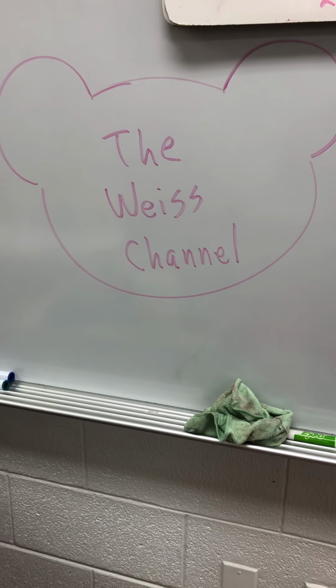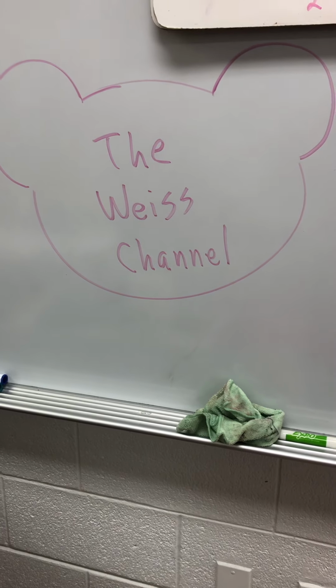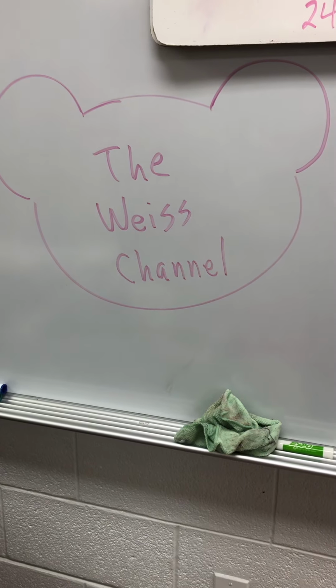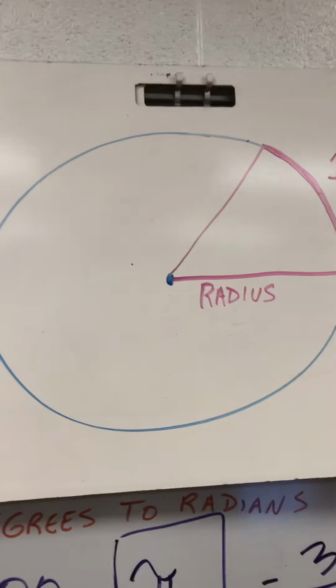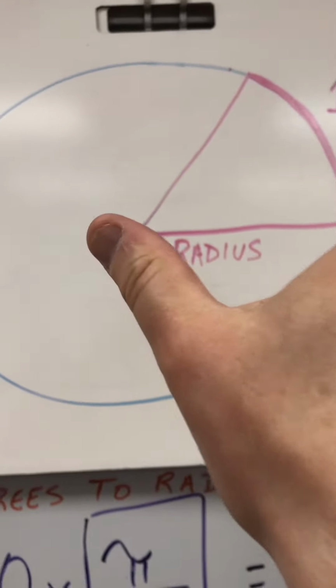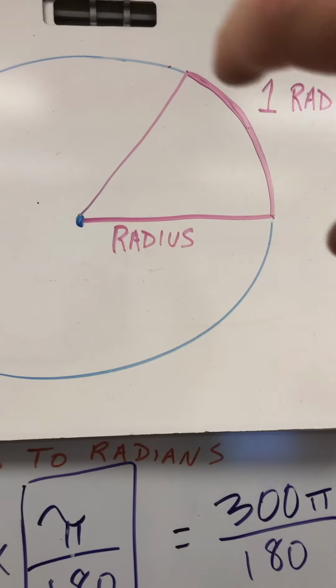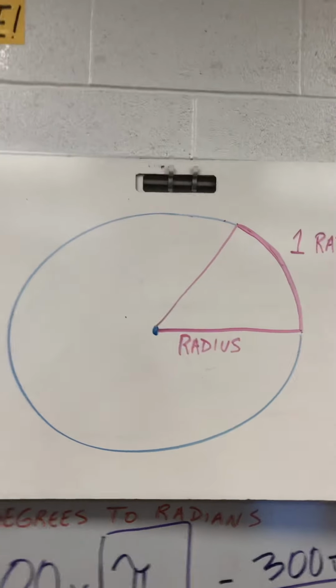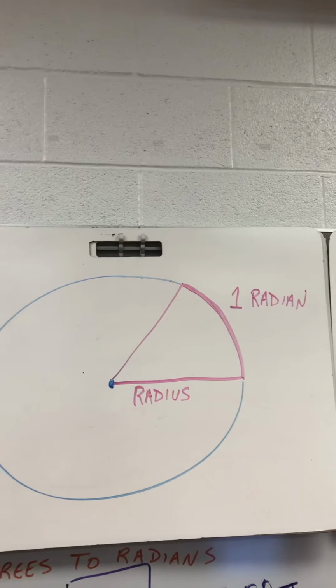All right, today I'm talking about radians and degrees. For example, if you take the radius of a circle, you lift it up, and you put it on the circle, that creates what's called 1 radian.